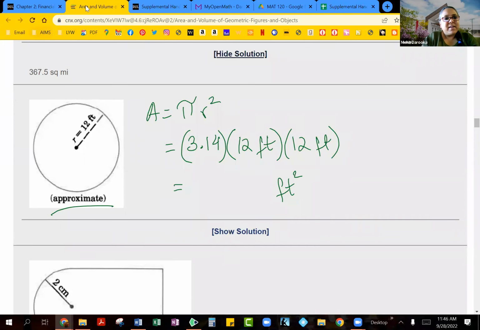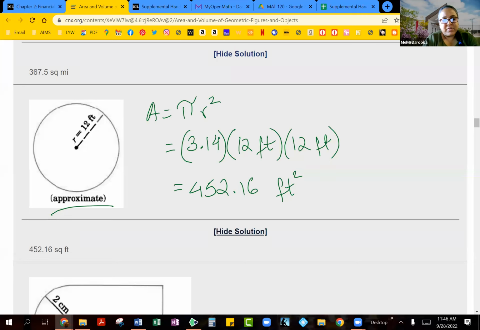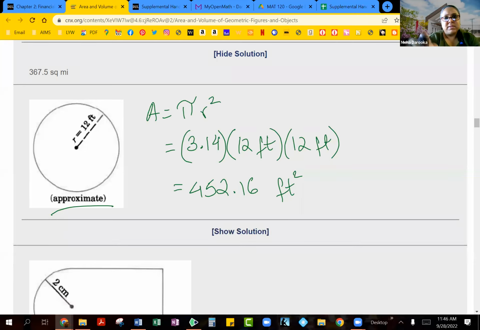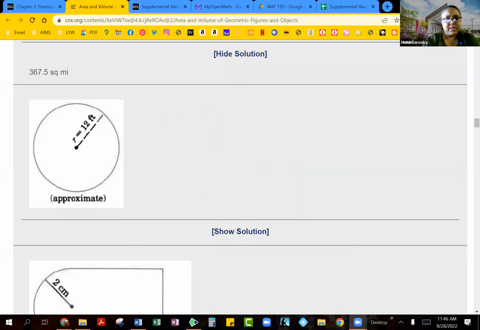All right, very nice. So let's see our final answer. Those of you who shared your answer had the right one, which was 452.16 square feet. And again, just a quick verification on that. So let's save this. I'm going to clear this out.